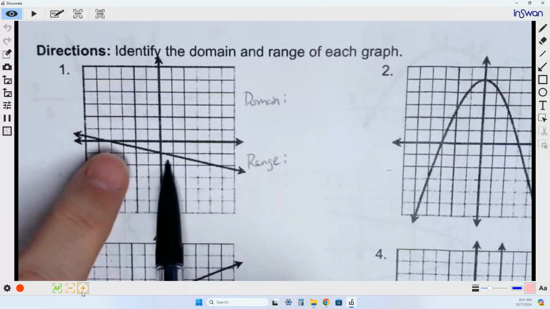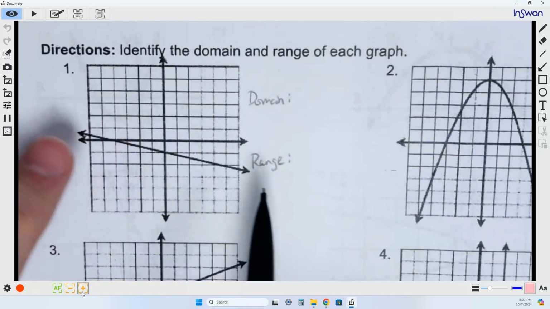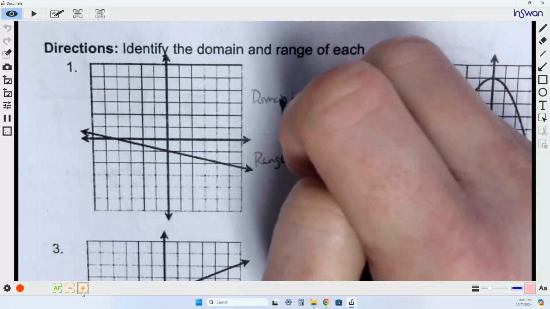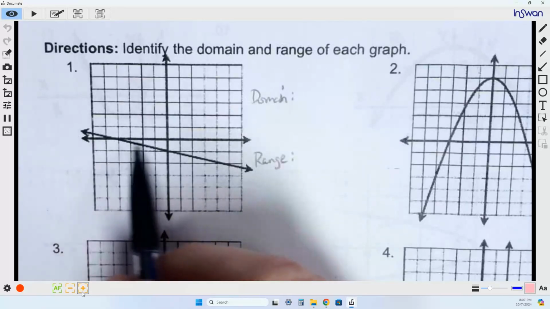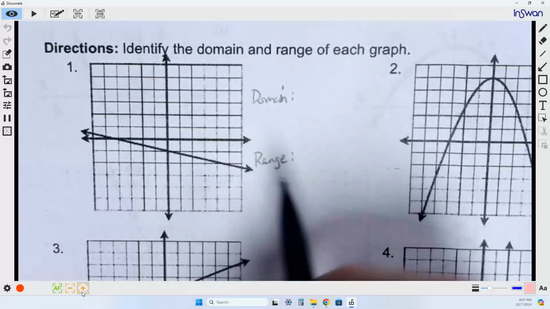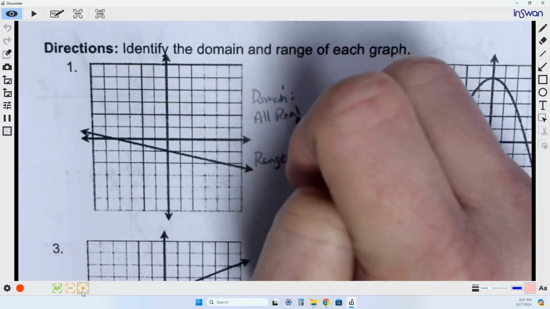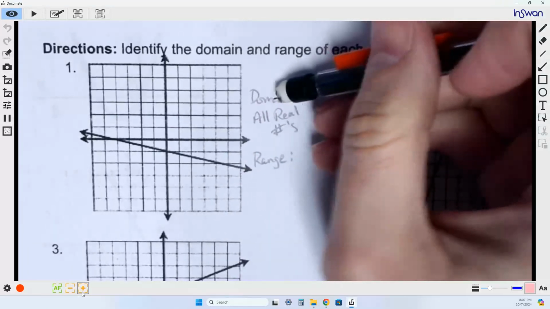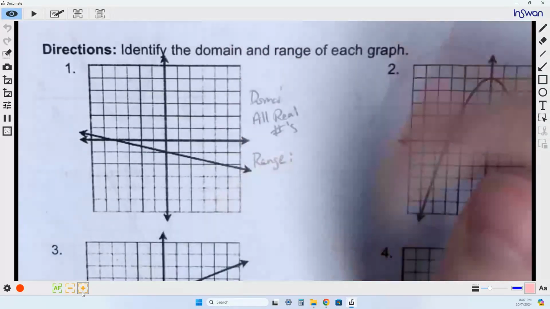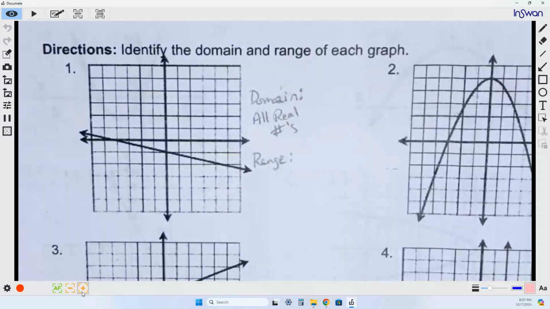So if I look here, my line is going this direction. If I look left to right, my domain is not going to stop anywhere or turn around anywhere left to right. So we're going to call it all real numbers. Okay, that is my domain. I apologize. Sometimes when I write faster, it doesn't always want to work out.